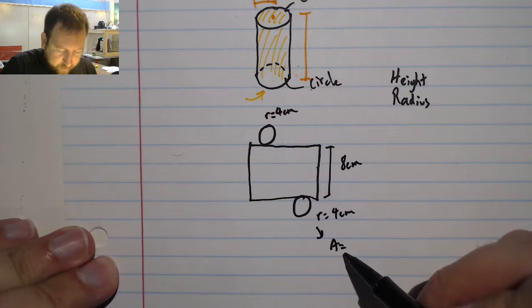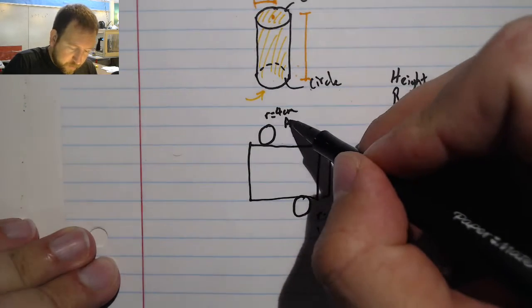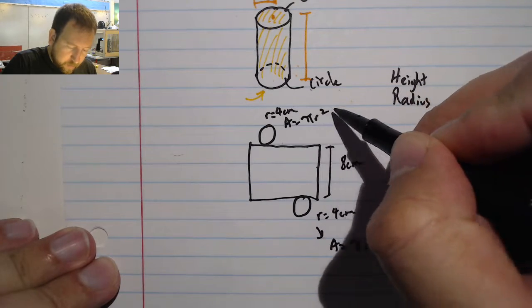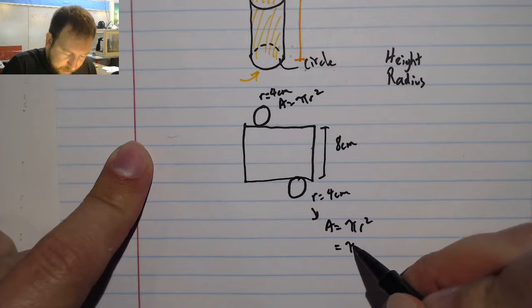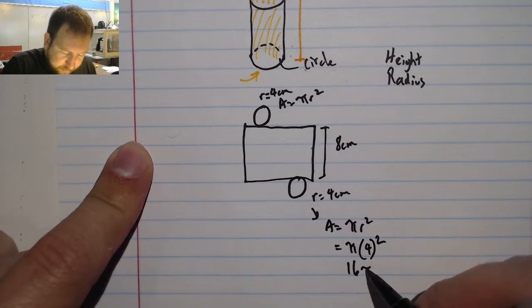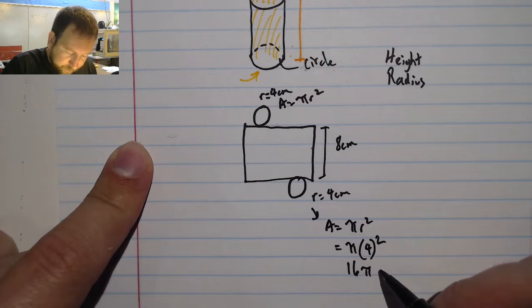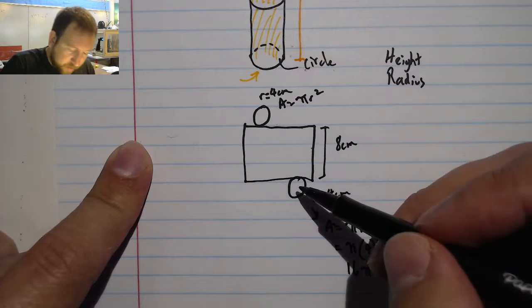The area of a circle is pi r squared. Substituting in what I know, I can write pi times 4 squared. So I can see that this is 16 pi centimeters squared for the area right here.